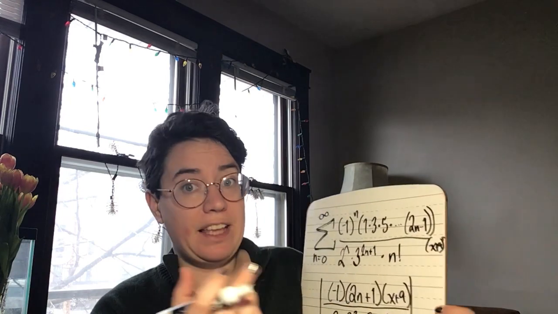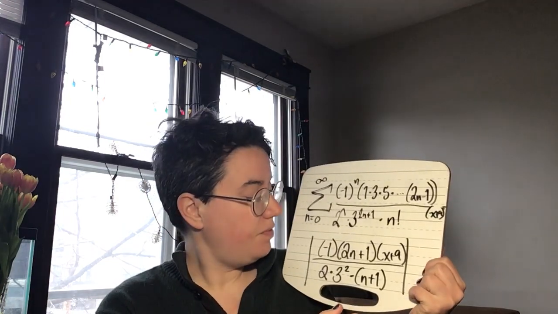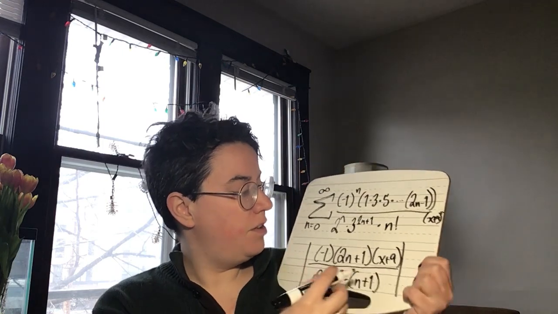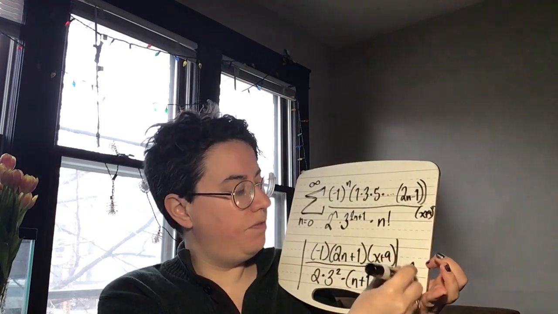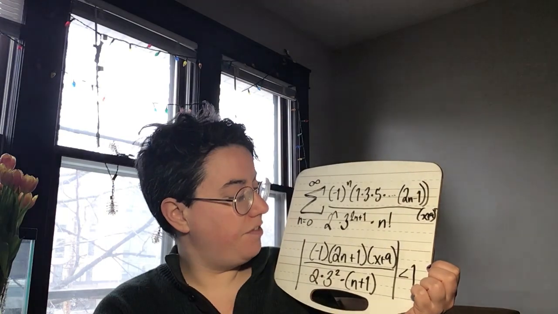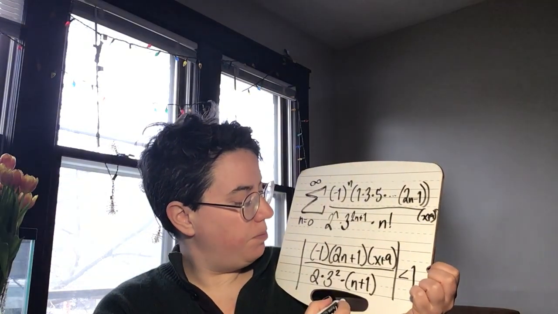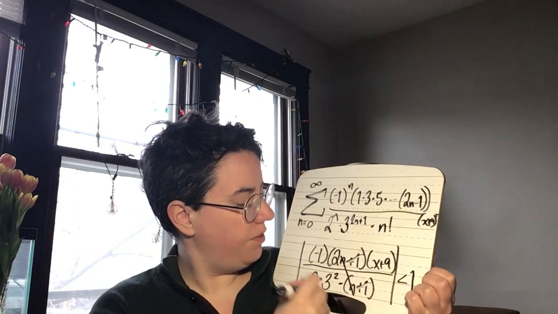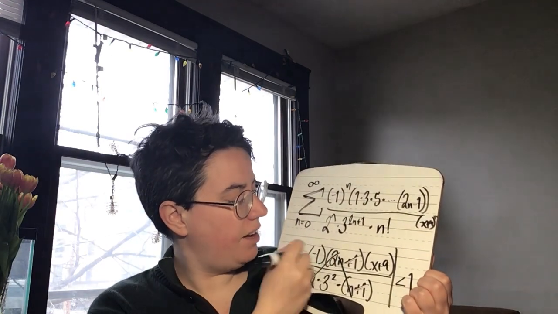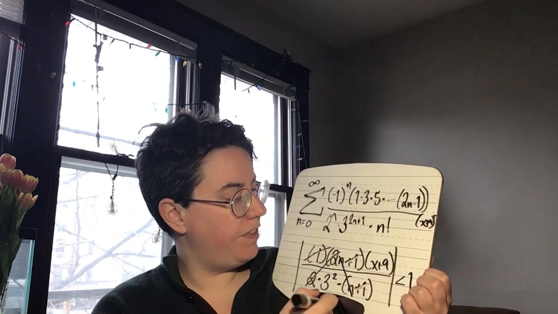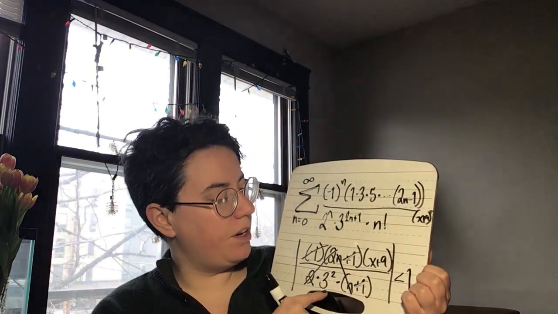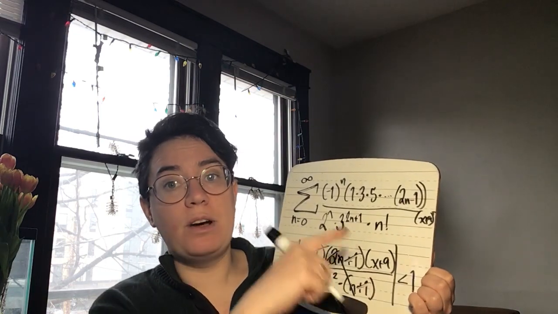If you want to expand everything out, I strongly encourage that. And then we set that less than 1. As n approaches infinity, you can drop the plus 1, which means you can simplify that. The negative 1 is in an absolute value, so you get the absolute value of x minus 9 over 3 squared, which is 9, has to be less than 1.